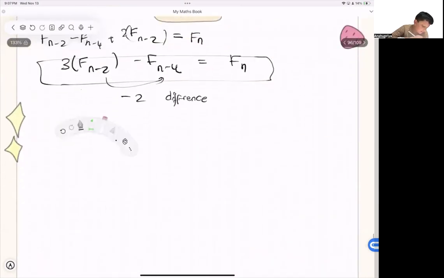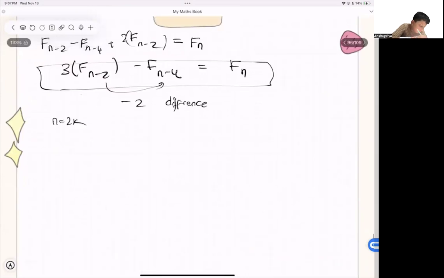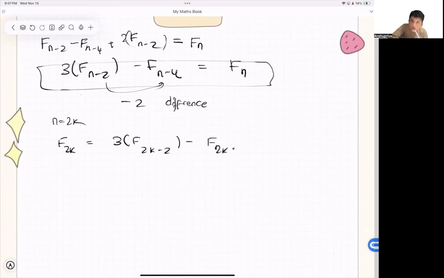So can I put n is equal to 2k? What will I get? F2k is equal to 3F2k minus 2 minus F2k minus 4. Okay, I get this. This is the most important equation here.